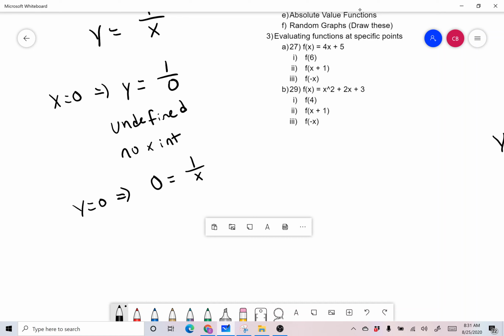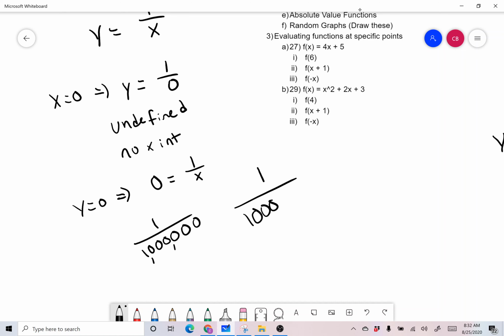Remember, if I do 1 divided by a million, then I still have something. I have a very small something, but I still have something bigger than 0, even though it's very close to 0. If I do 1 divided by, I don't know, 100 billion maybe.